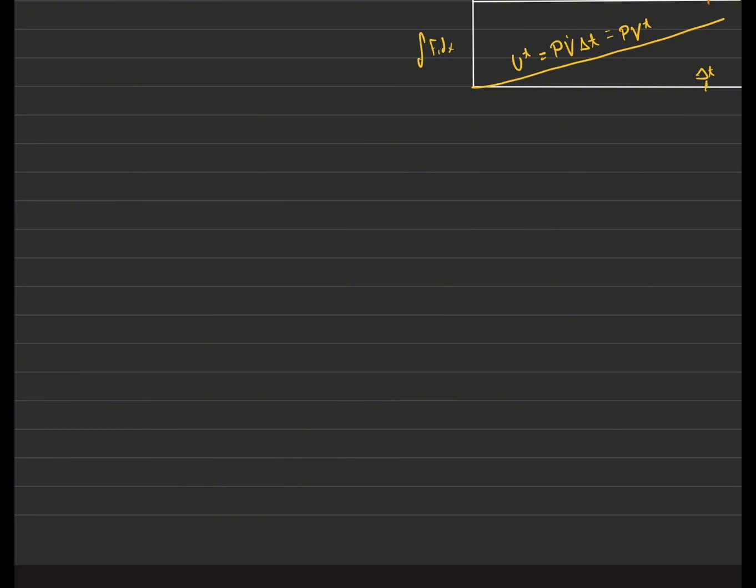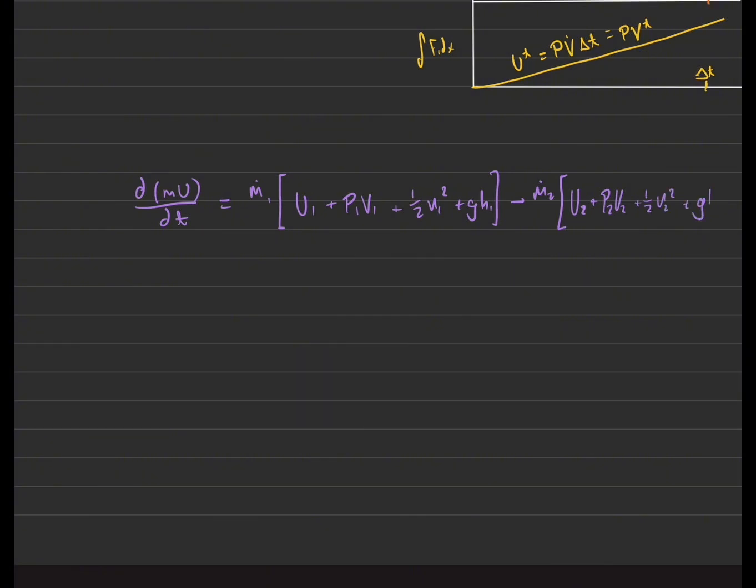So what we have is the differential change in internal energy over change in time is going to be equal to the mass flow rate in times U1 plus P1 V1 plus 1/2 V1 squared plus GH1, minus M2, again, U2 plus P2 V2 plus 1/2 V2 squared plus GH2, representing all of the energies.